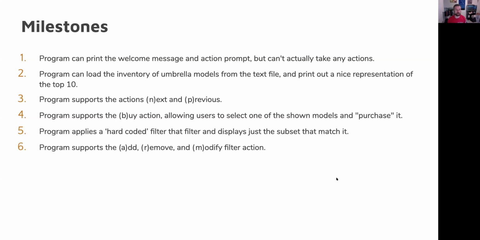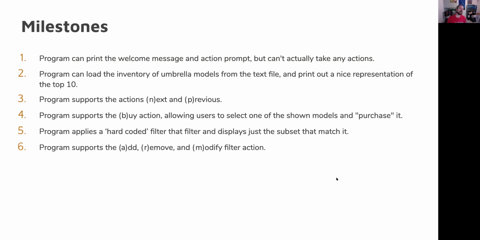So it's not just you hit buy and it buys everything that's on the screen or something. You need to allow the user to select which one of the models is currently being listed, and then purchase it. So that purchasing piece needs to be where it gets moved into their cart, essentially.